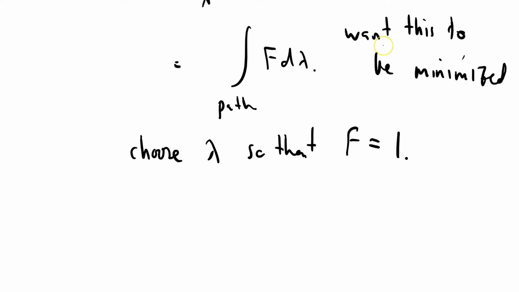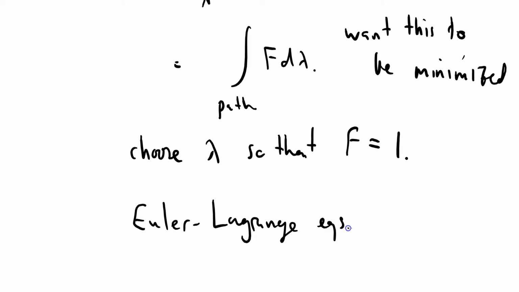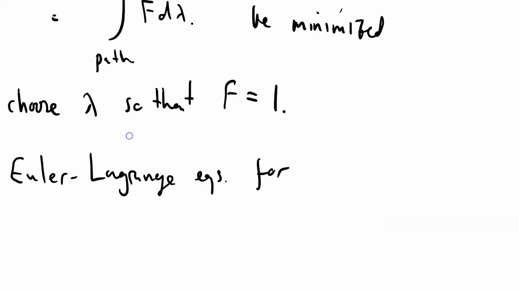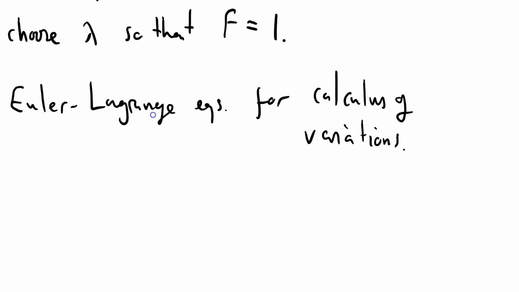So how do we do that? How do we minimize that? Well, we go back to the Euler-Lagrange equations for calculus of variations. And what have we got?